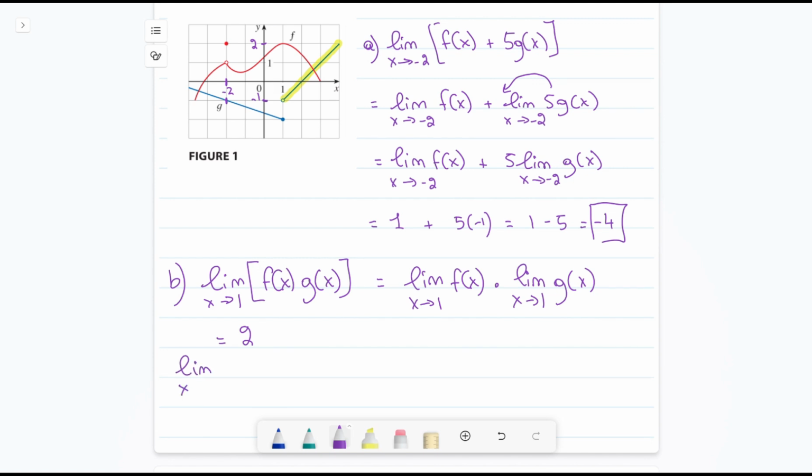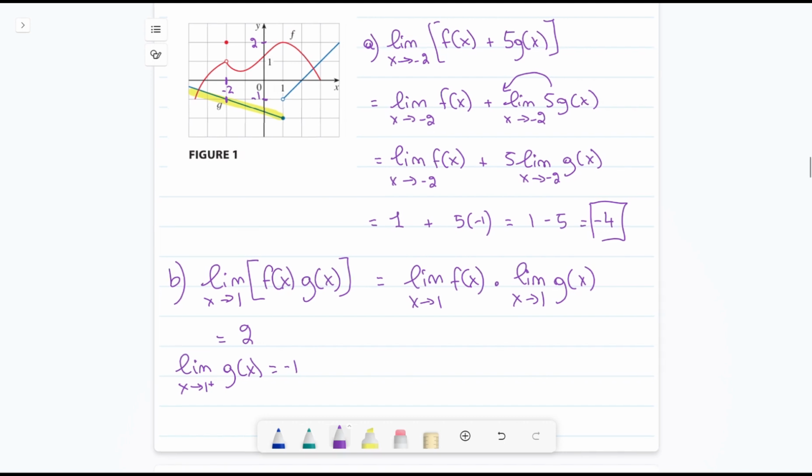The limit as x approaches 1 from the right of g of x equals -1. And now let's look from the left. The limit of g of x as x approaches 1 from the left, we notice that this is close to -2.